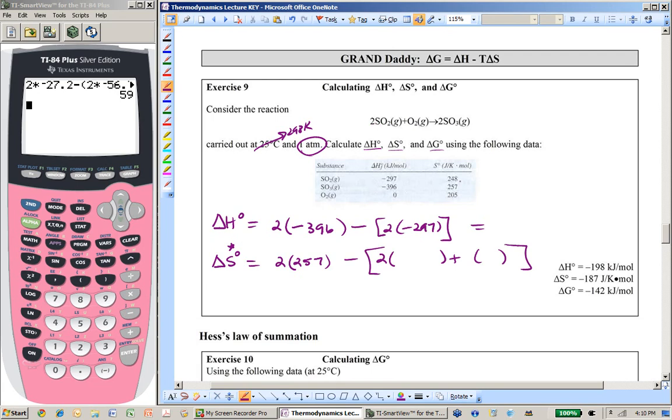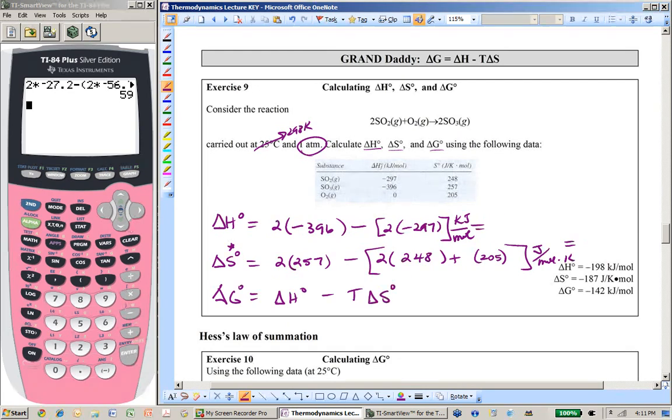Here's SO2, here's 248, here's O2 right there. That's why I got to skip it on the delta H step, but I don't get to skip it here, 205. And these are in joules per mole Kelvin. This is going to be in kilojoules per mole. And then when I get those, delta G is going to equal delta H minus T delta S naught.